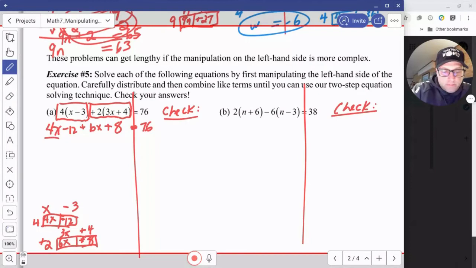So 4x goes together with plus 6x, and separately, minus 12 goes together with plus 8. 4x plus 6x make 10x. And negative 12 plus 8: if I start 12 below and add 8, I'm not going to make it back to 0, I'm only going to make it as far as negative 4.